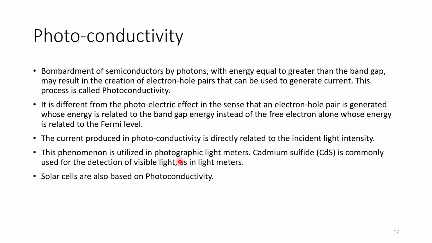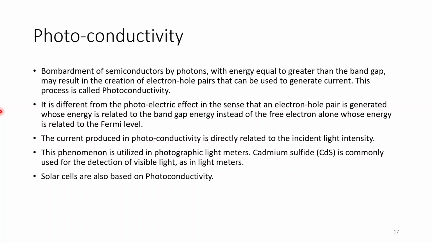Next is photoconductivity. Now this is different from the earlier conductivity that we studied in case of metals. In this case, bombardment of semiconductors by photons with energy equal to or greater than the band gap may result in the creation of electron hole pairs that can be used to generate current.